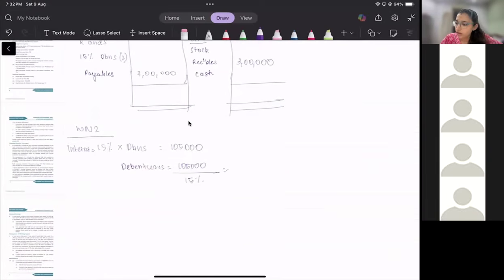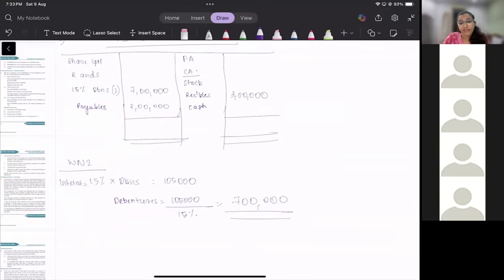Correct? You will get it as 7 lakh. Yes, correct. 7 lakh. In balance sheet, is this format okay or not? Yes, this format is okay. If you check all the textbook questions also, they have used this format only. So this format is fine. You can use this format.